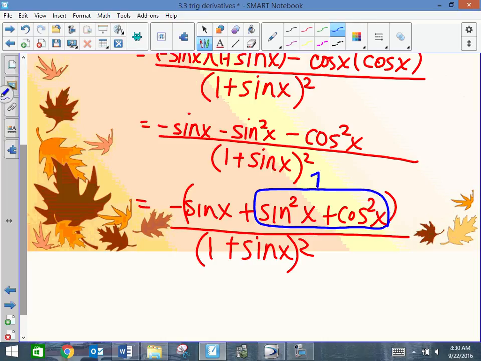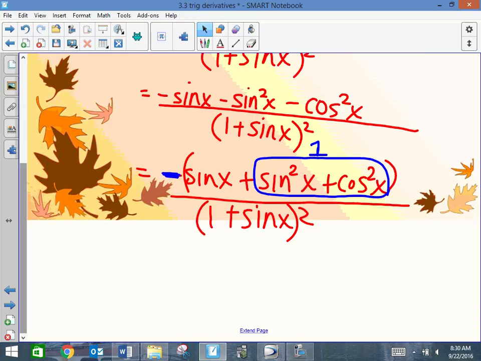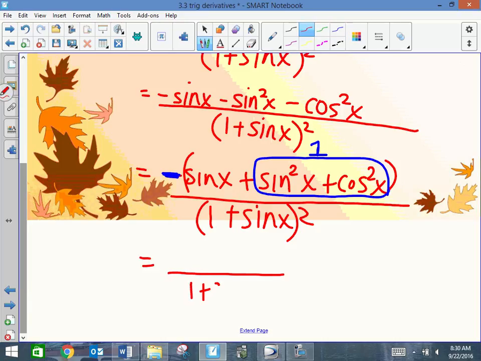You dropped your negative. I did drop a negative. I dropped it right over here. So I took it out. Okay? I thought you already wrote the next part. All right. So sine squared of x plus cosine squared of x equals 1. So then this becomes 1 plus sine of x, quantity squared. Notice we left it in factor form all the way through the problem.